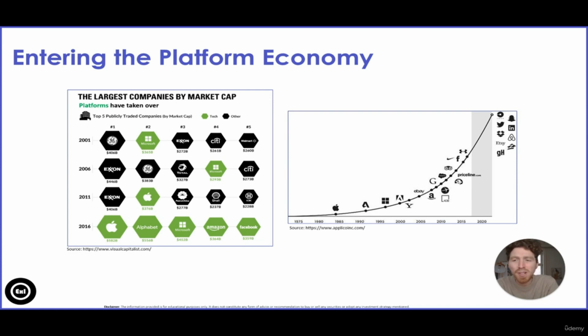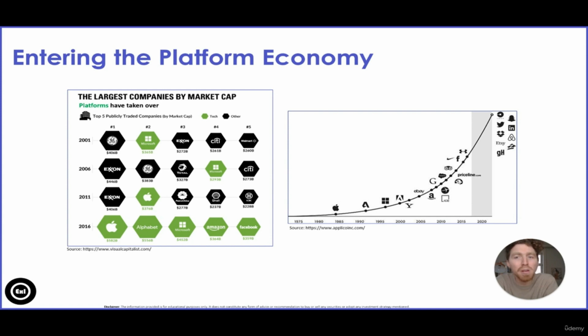But looking over time, you see that there's a shift from these heavy industrial, capital intensive, old-fashioned companies towards software-based platform companies. And in 2016, all of the top 5 most valuable companies by market cap have been platform businesses.